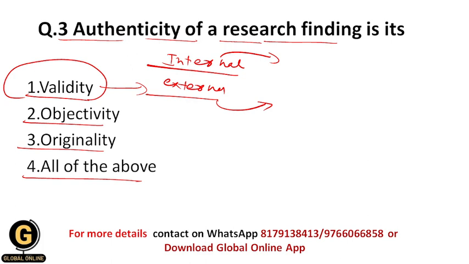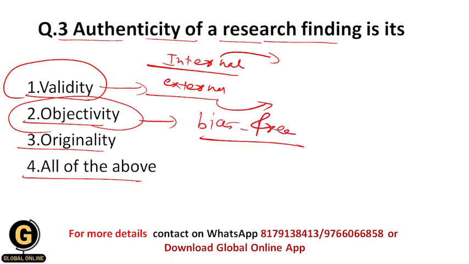So exactly the meaning of validity, what is that? Now I hope all of you understood, and that's why validity is not the authenticity of a research finding. Okay, now next is objectivity. Objectivity means bias free. Okay, whatever you are doing is done fairly, and you have a proper objective behind it.